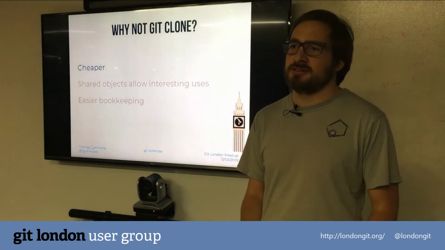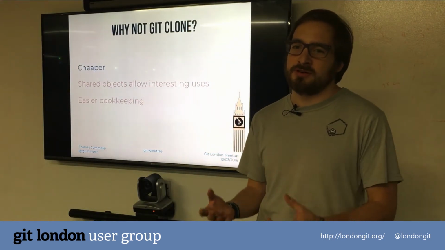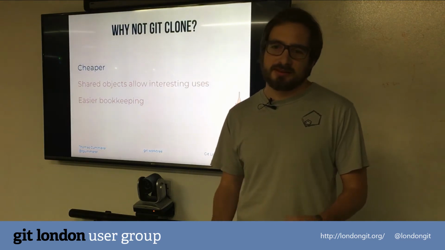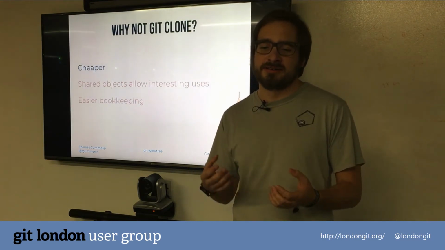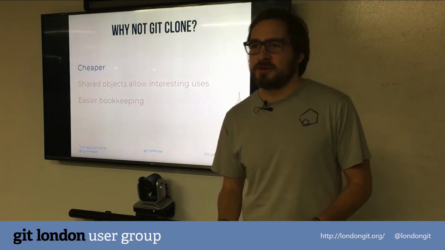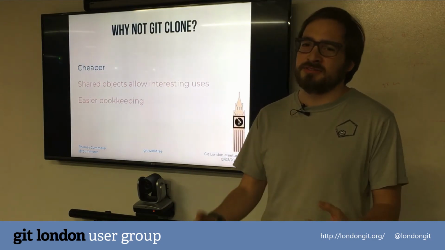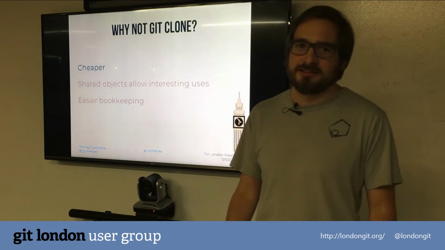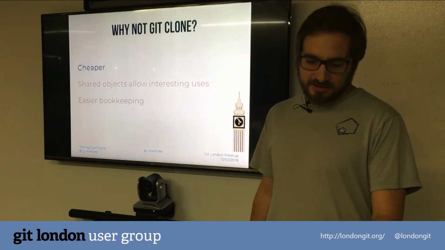Even though Git internally, I think if you do a local clone, it uses hard links, but still, you still have to create them, and once you work in both repositories, those pack files might get out of sync, so you eventually end up using more space than you might want.